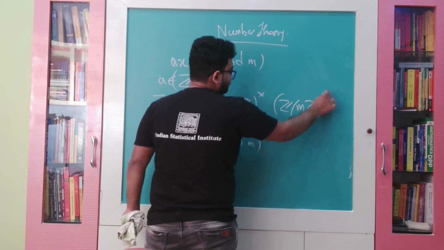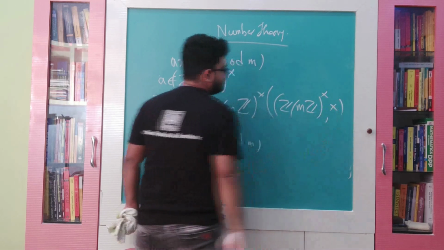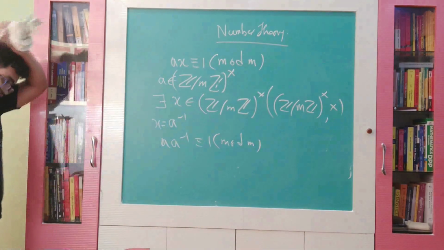Because this under multiplication is a multiplicative group.